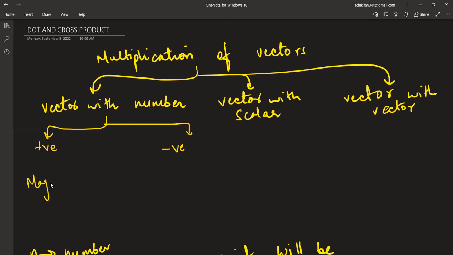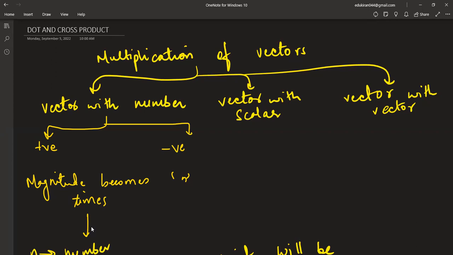So here the magnitude becomes n times, where n is just a number. That is what you have to consider. This is the basic of it. Now, when you multiply a vector with a number, the number can be any number from 0 to infinity.